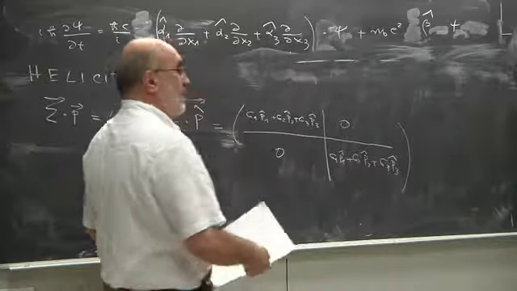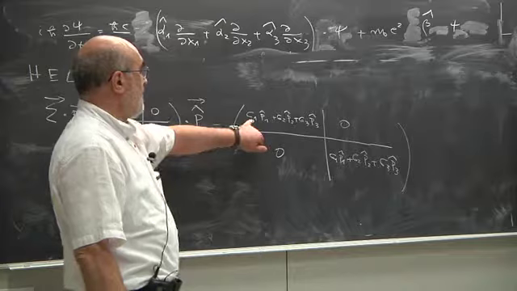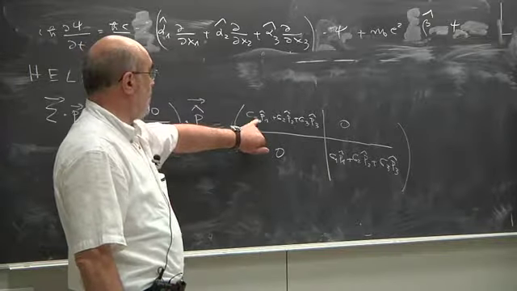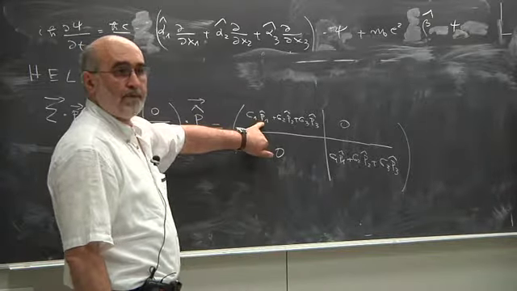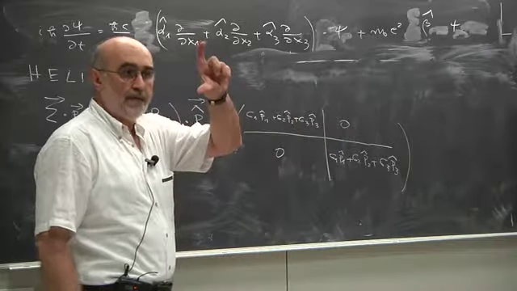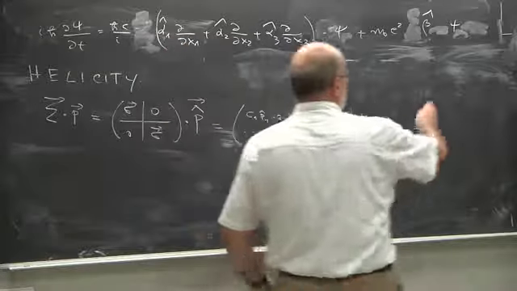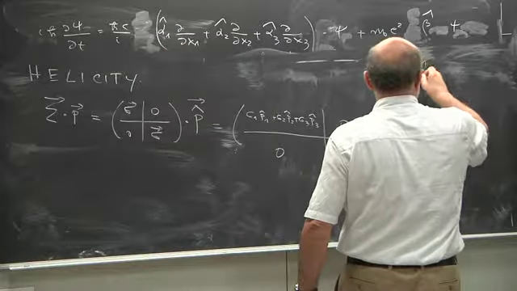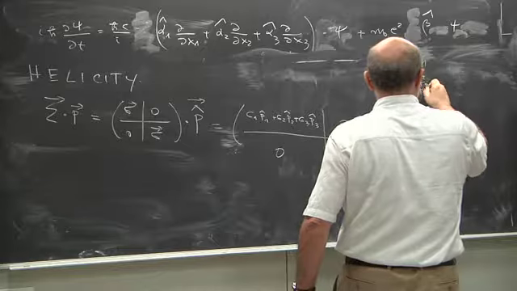In mathematical language, these act on every component of the vector. This is a 4x4, so it acts on the 4 components, psi1, psi2, psi3, psi4.